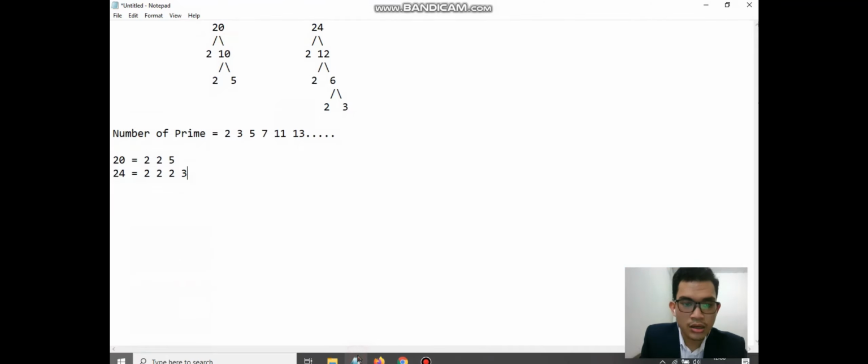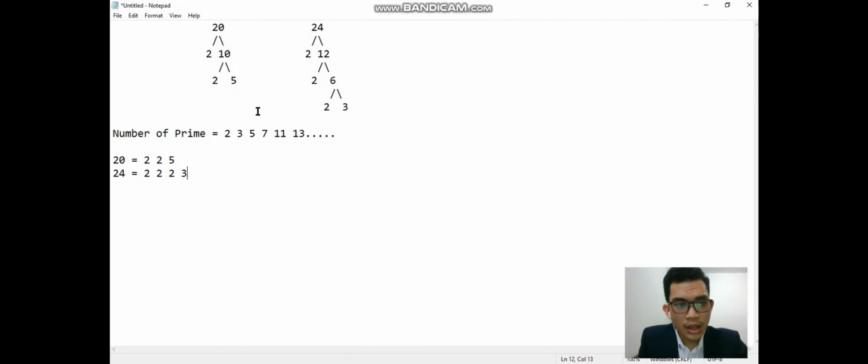I will give an example with the prime numbers in my note. Here I have 20. The prime numbers are 2, 3, 5, 7, 11, 13, and the others. 20 divided by 2 is 10.